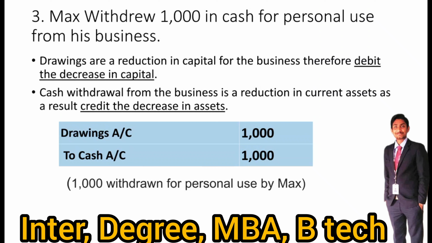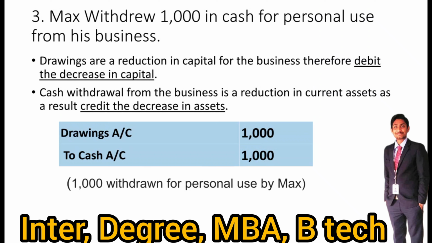Drawings is a reduction from the capital of the business. If capital reduces, we mention it on the debit side of the transaction. Now the owner withdraws cash, so cash goes out from the business.